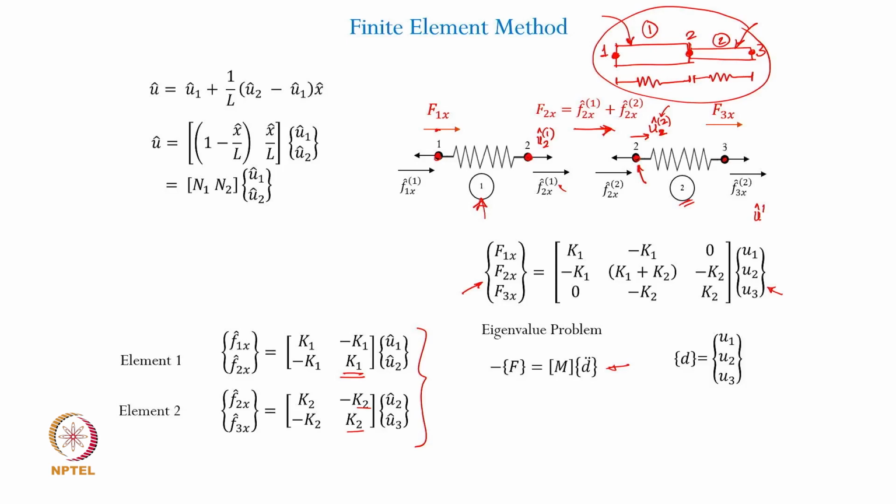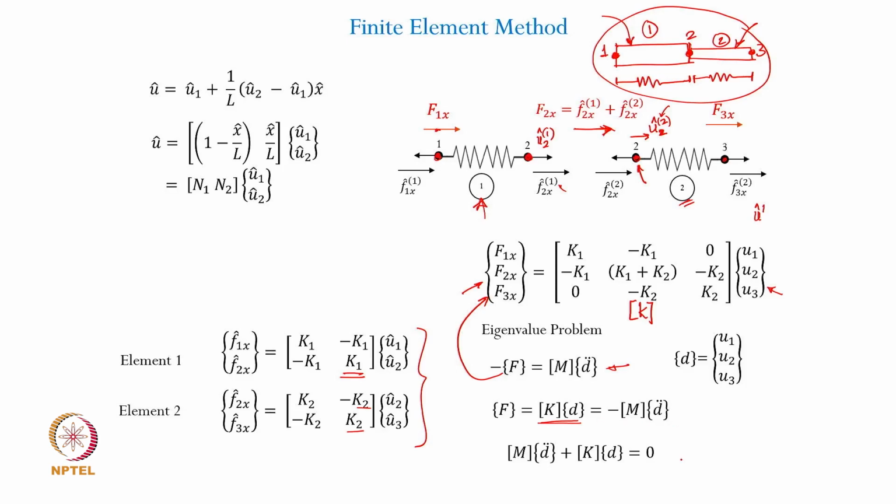Once we have this D defined as all the nodal displacements U1, U2, U3 and F itself representing the vector F1x, F2x, F3x, you can now write this as equal to, sorry, the force, which we know is actually K times the displacement, the global stiffness matrix here, which is going to be this K times the nodal displacement D vector.